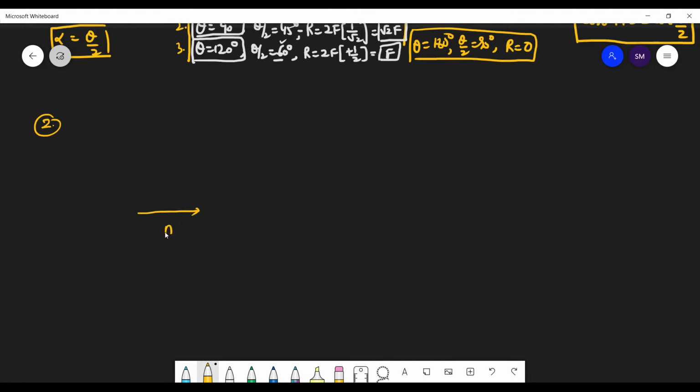See, this is vector A, this is vector B. Now, students, the magnitude of this vector is A. If this is some force, let's take them as F1 and F2, and the angle between them is theta.